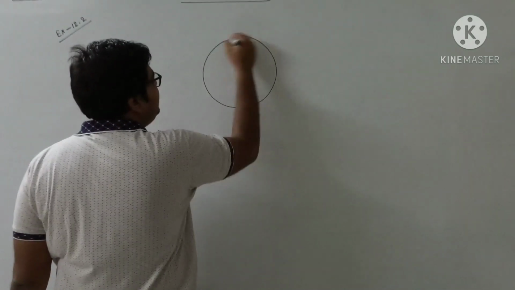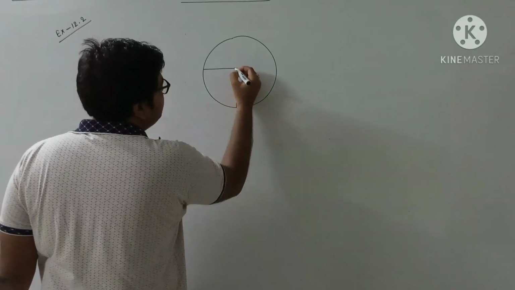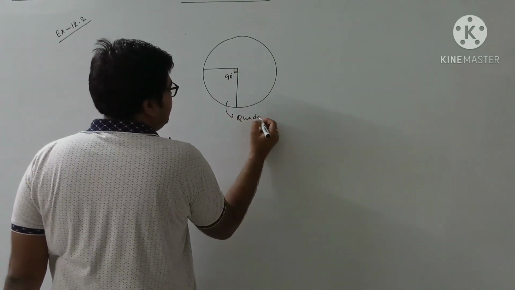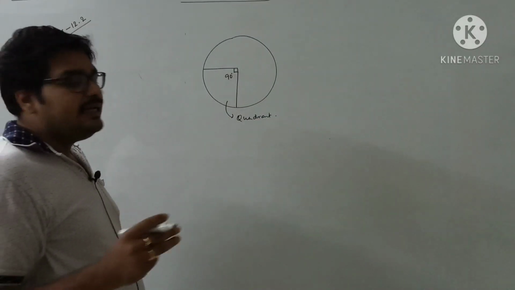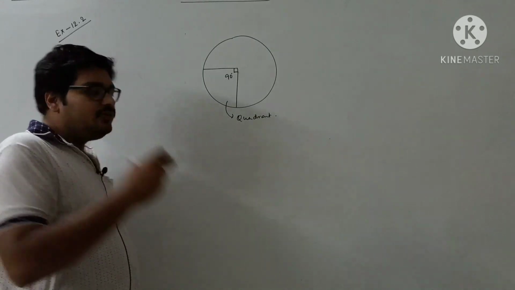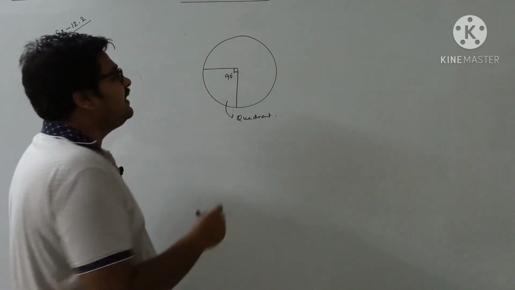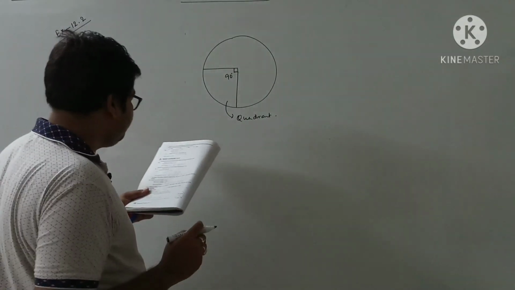So this is a circle, this is the quadrant of a circle, and this angle is 90 degree. Okay, next thing.